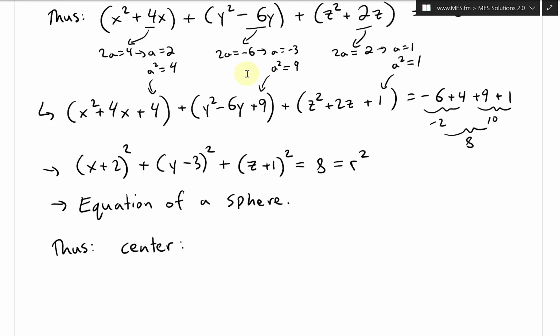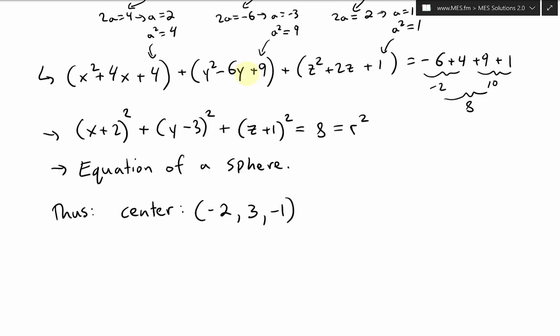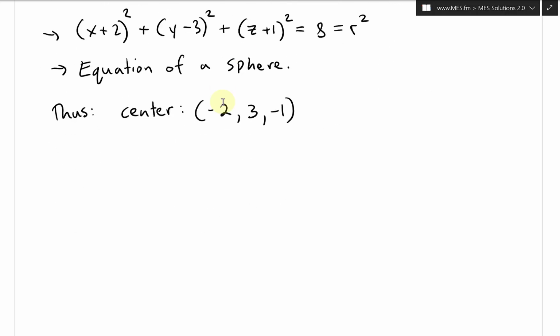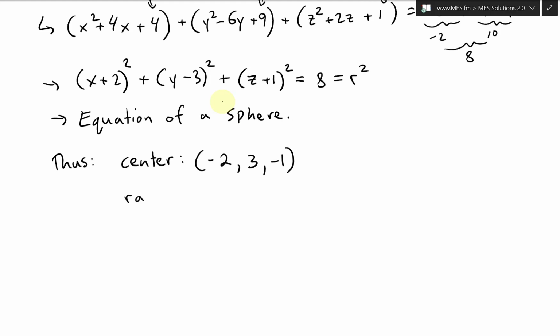So we do the negatives. So the center is going to be negative 2, 3, and then negative 1, like that. And the radius, I'll write Radius, I'll make it capital actually. The center, and then radius.